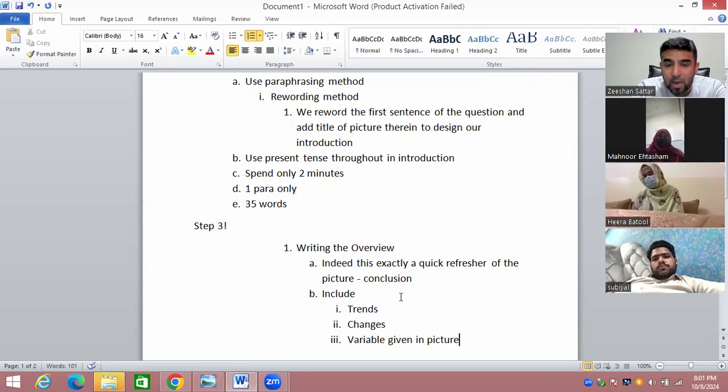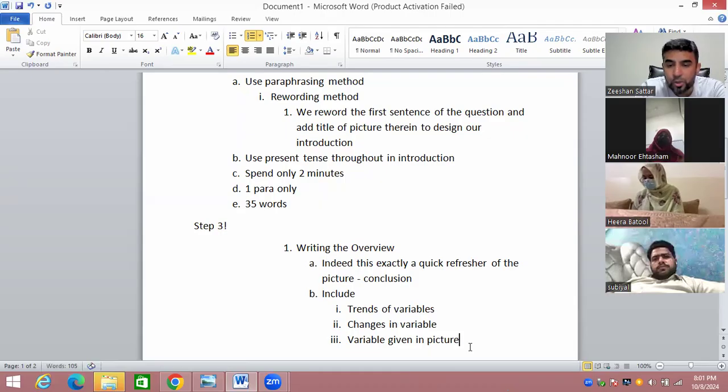We just write about the trends in variables. Trends of the variables would be a stronger phrase. Number two, we just write about the changes in variables.